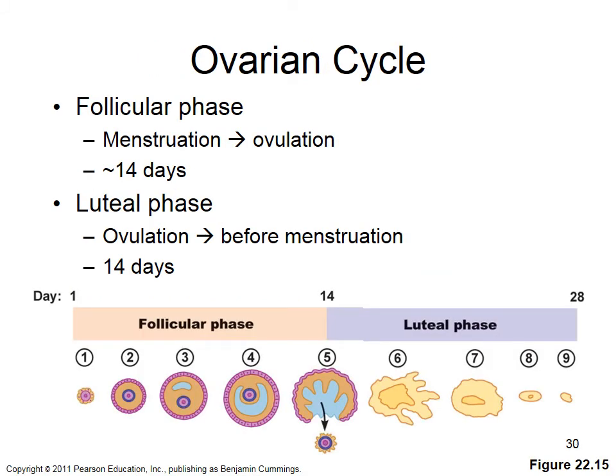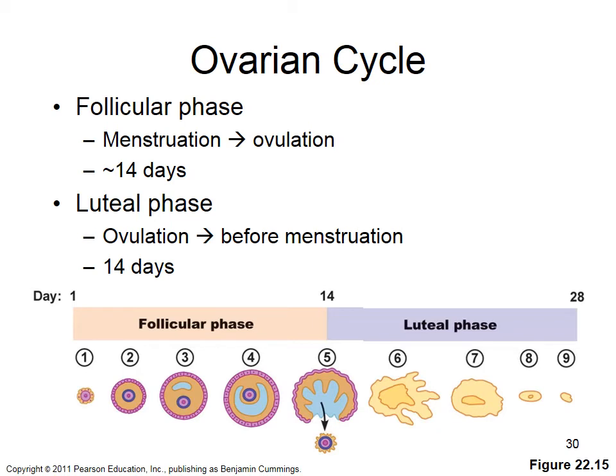We'll talk about the ovarian cycle first, then the uterine cycle, and then we'll put them all together. The ovarian cycle has two phases: the follicular phase and the luteal phase. Here we're going to put this figure all together. The top layer of the figure shows the follicular phase in tan and the luteal phase in purple. The follicular phase lasts about 14 days on average.